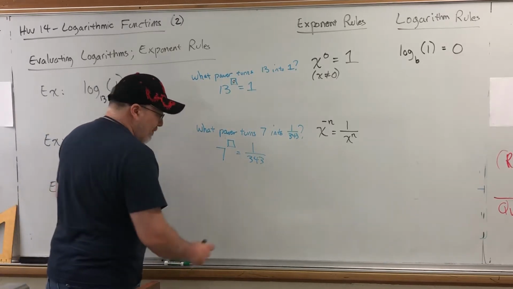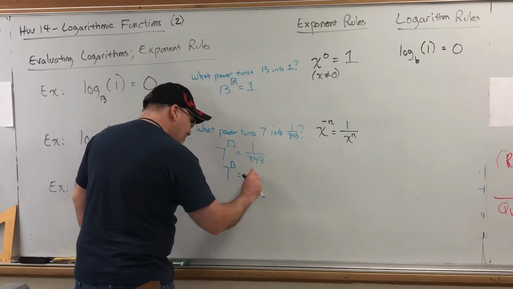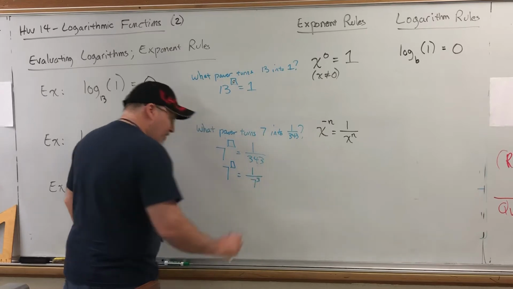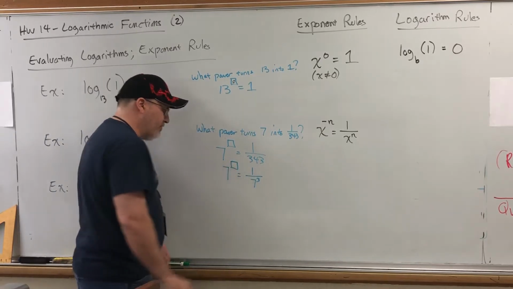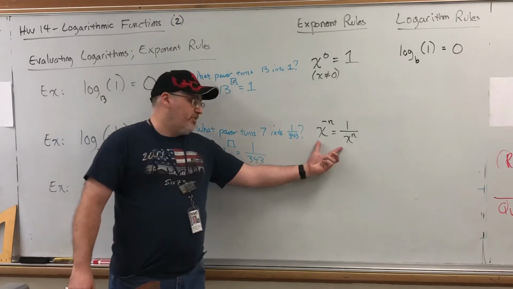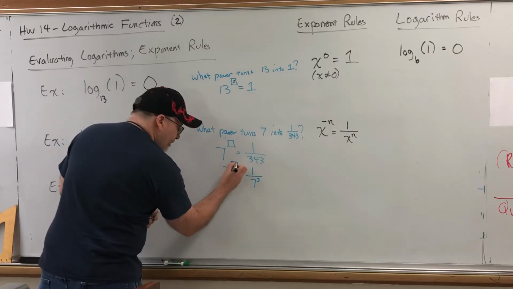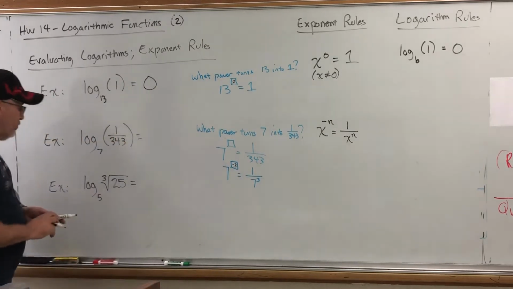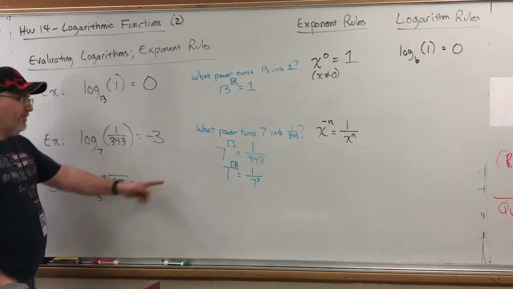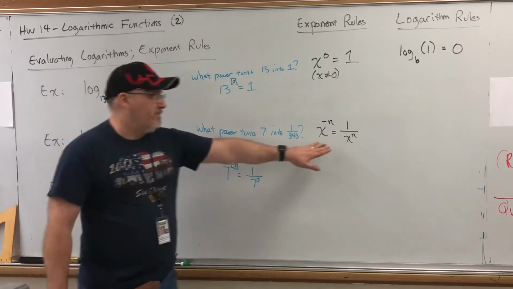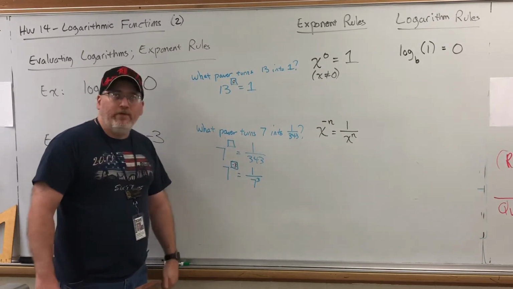If we capitalize on the knowledge that 343 is 7 to the 3rd power, then we can rewrite this problem as 7 to some missing power is equal to 1 over 7 to the 3rd power. Now, according to this exponent rule, that power is negative 3. So log base 7 of 1 over 343 is negative 3 because 7 to the negative 3 power is 1 over 7 to the 3rd power, which is equal to 1 over 343.